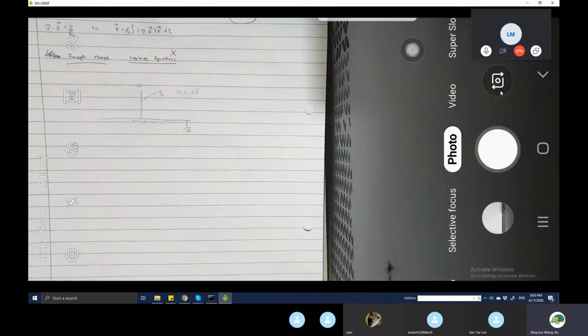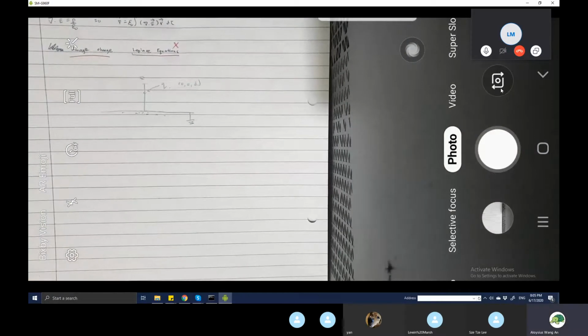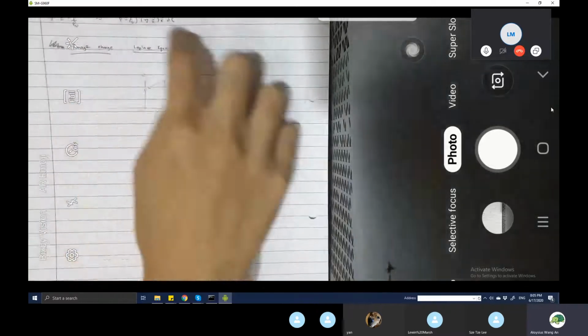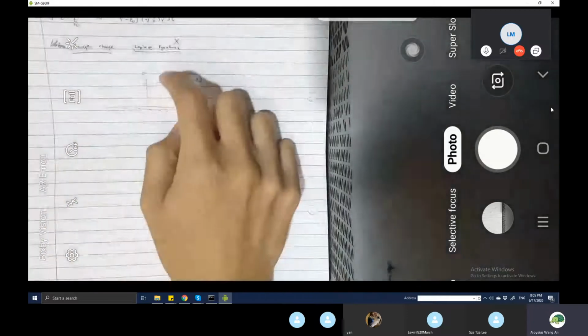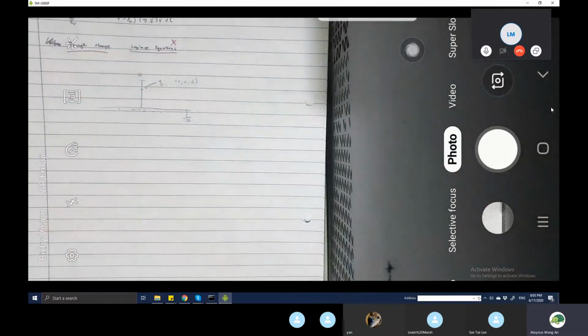Now the question we want to ask is: what is the potential everywhere in the region outside of this plate, and what is the force between q and our plate?